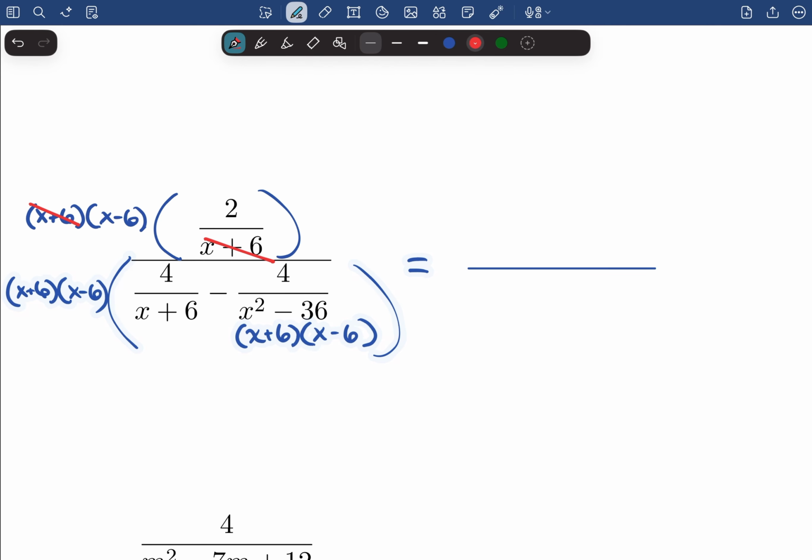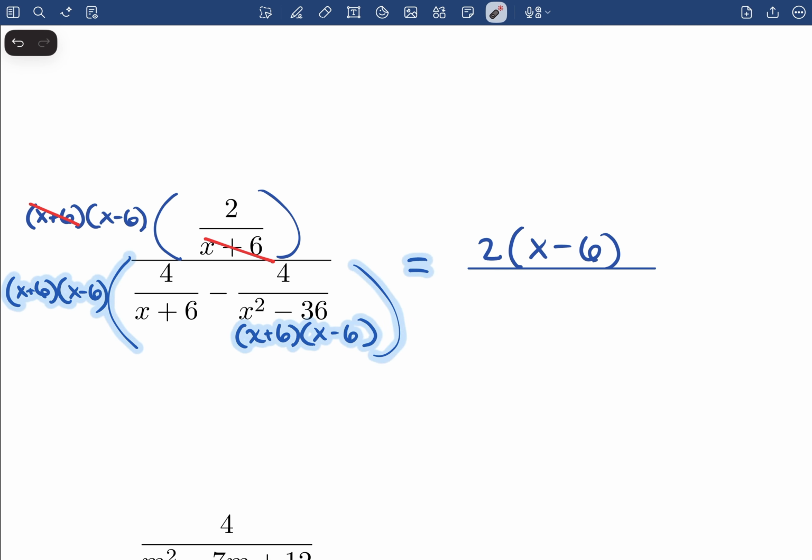And so we're multiplying this 2 by x minus 6. That's what's remaining. Cool. So all this stuff cleans up to 2 times x minus 6 because the x plus 6 factors cancel. Now looking at the bottom, we have an x plus 6 that we're multiplying in, and that's the division by an x plus 6.